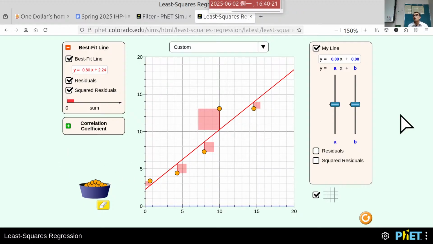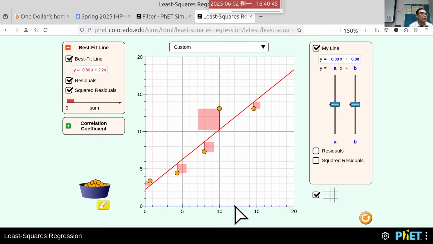Because we want to predict an unknown variable. For example, if I got a number from the x-axis, 12 here, and we have no idea what we will get for the y value with the input value 12.